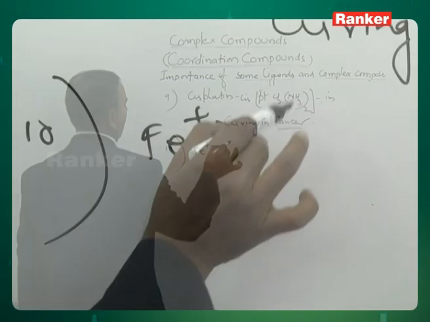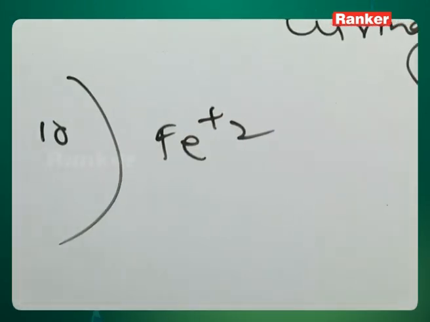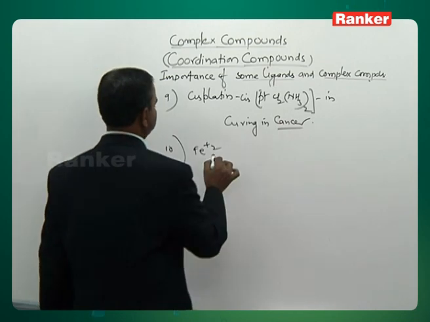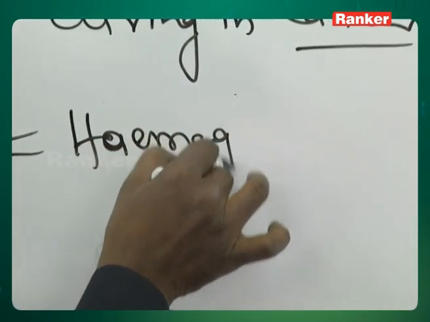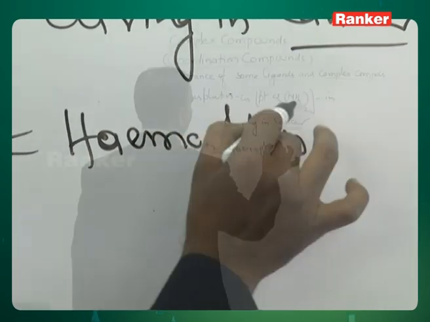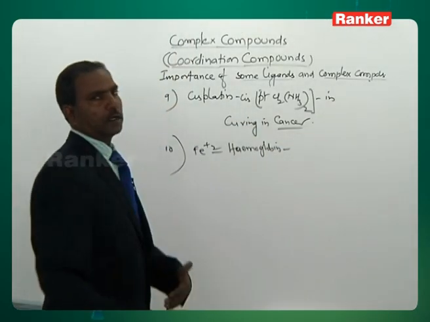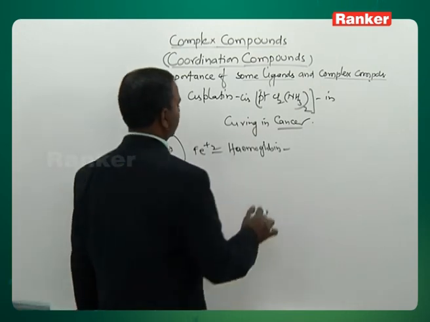You know well, this particular iron 2+ complex is what you call hemoglobin. Hemoglobin, present in red blood cells, is involved in the transport of oxygen in our body.